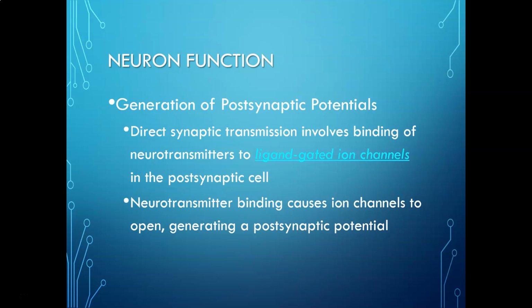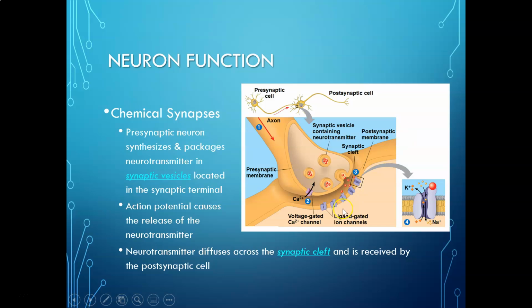When we look at those postsynaptic cells, the question is, what change am I going to cause in that postsynaptic cell? If this is a direct synapse, the neurotransmitters bind directly to ligand-gated ion channels like we see back here. This would be a ligand-gated ion channel.